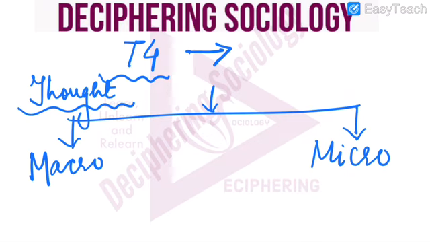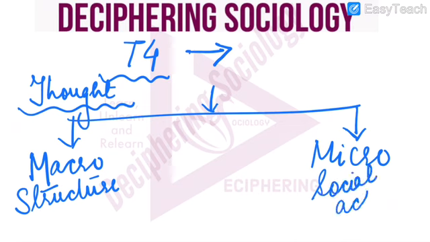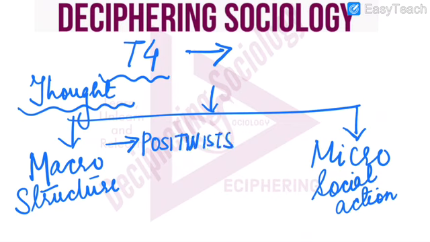In macro theories, we have those which stress upon the structure of society as a whole. In micro theories, we stress on human behavior or social action. The macro theorists are mainly supported by the positivists. The micro theories are supported by the non-positivists.